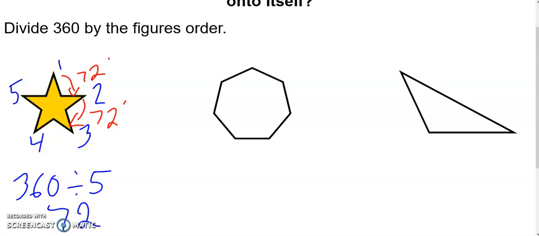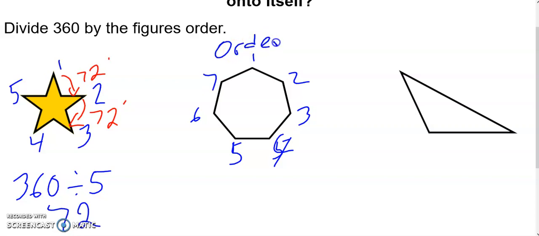When we take the heptagon, let's count the order again. We said it has an order of 1, 2, 3, 4, 5, 6, 7. So the order is 7.